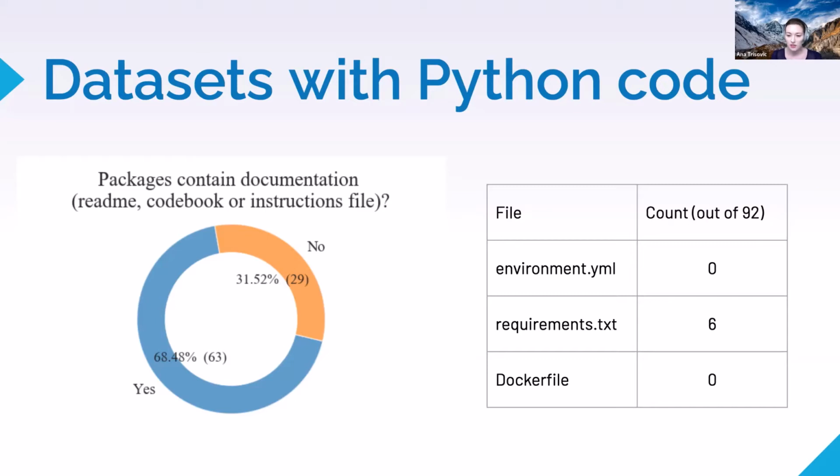And interestingly, we see that out of 92 datasets, there are no datasets that contain environment.yaml, and there are only 6 that contain requirements.txt. And if this file was present, the logic in this experiment was to try to install the libraries in the requirements.